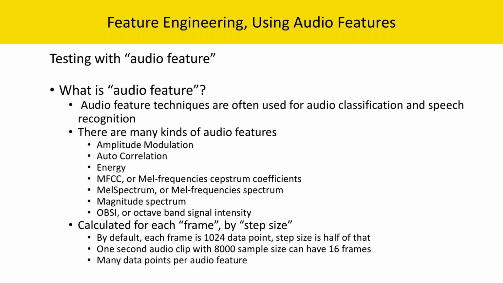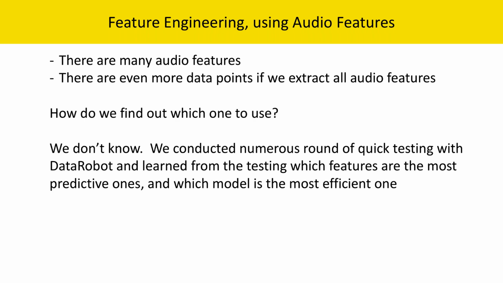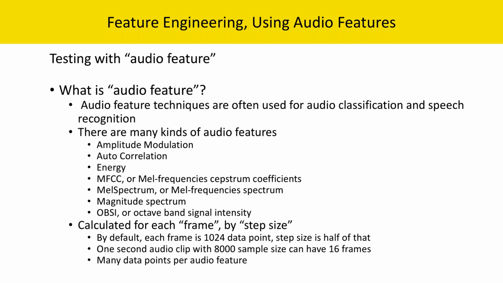I won't go into too much detail on how the features are calculated, since a lot of you already know this. But one thing I want to share is that each individual audio feature is calculated over each frame, by step size.